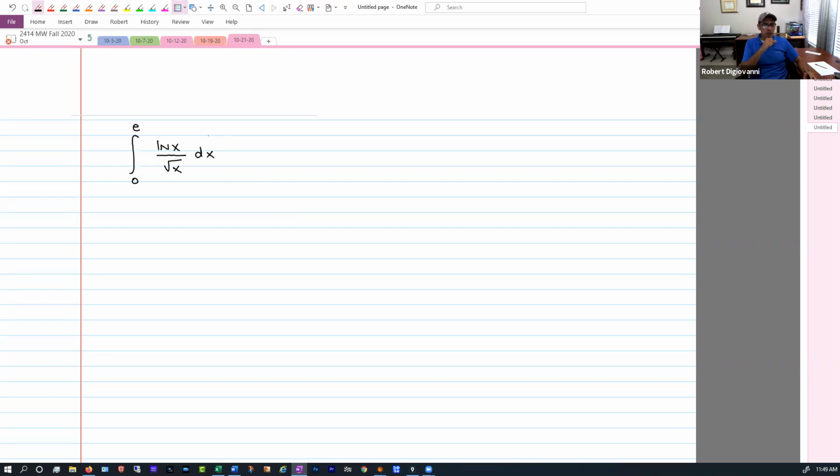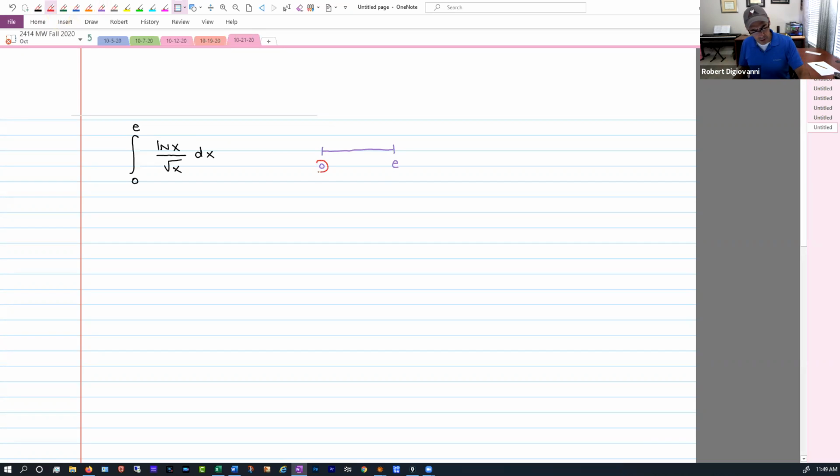Is this improper? You have a problem anywhere? At 0, right? All right, so number line. We're going from 0 to e. Remember, e is just a number, about 2.718.